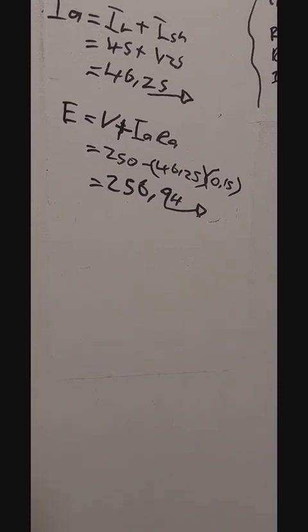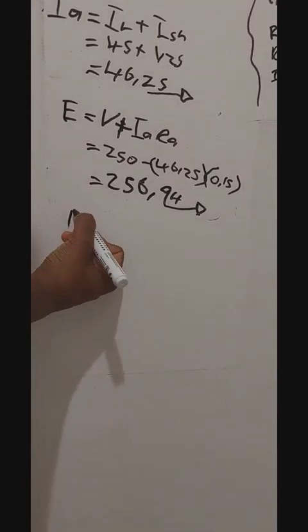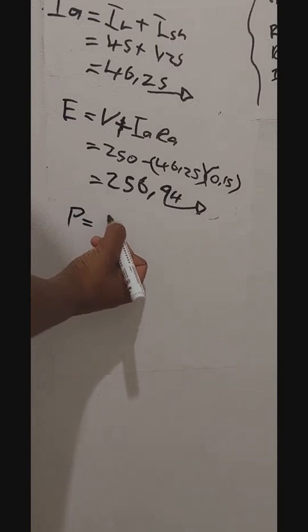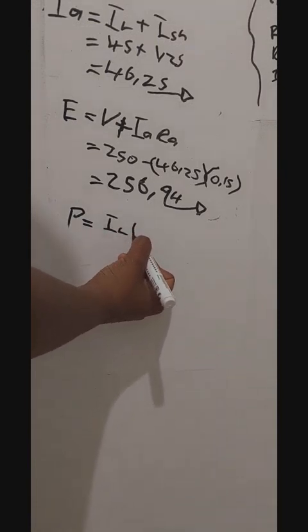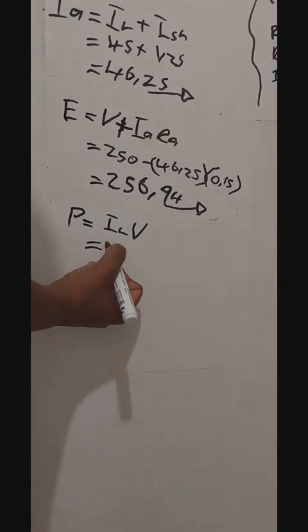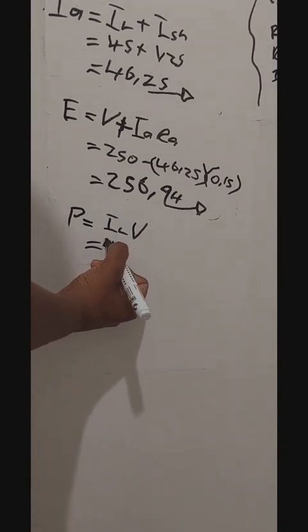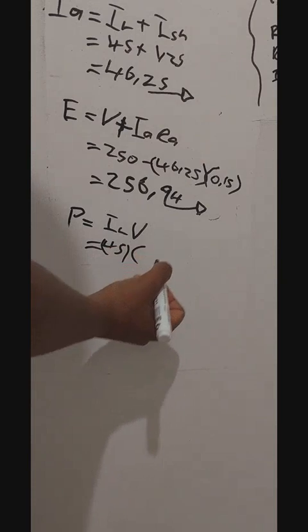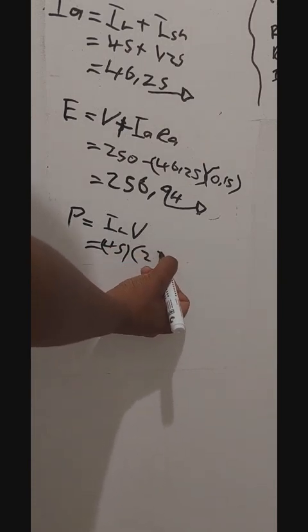So power is equal to IL times V. We were given IL, it was 45, times voltage, which is 250.